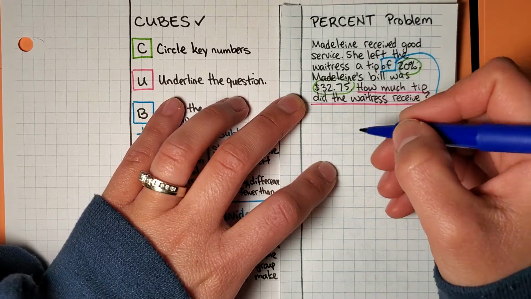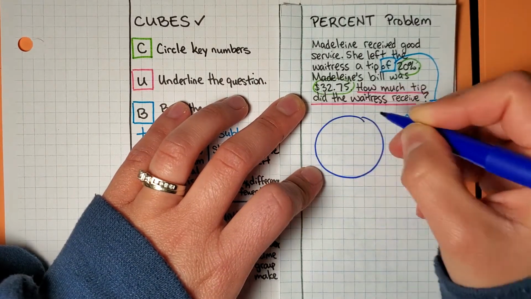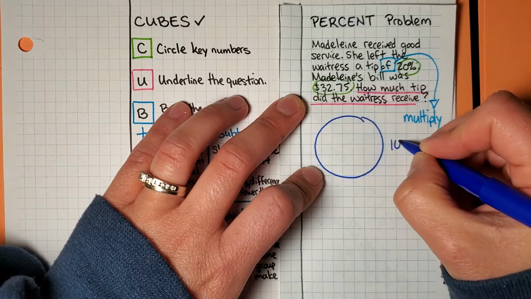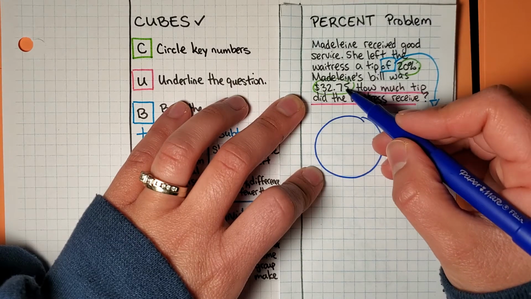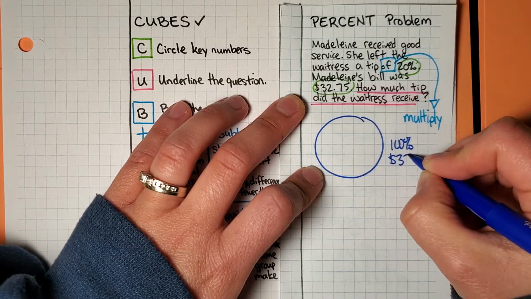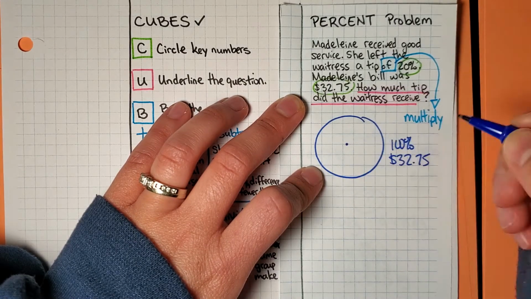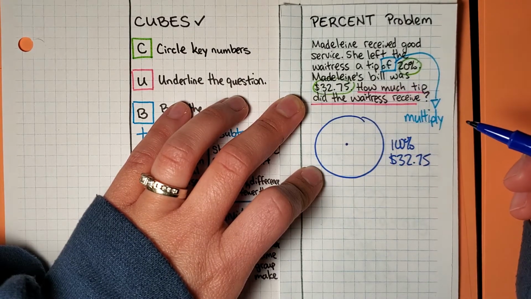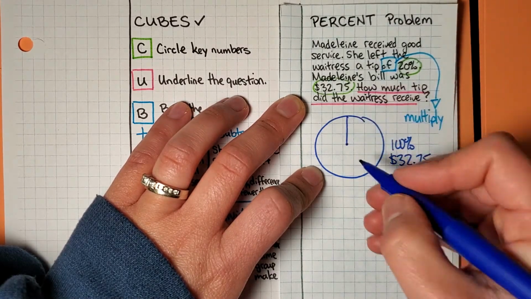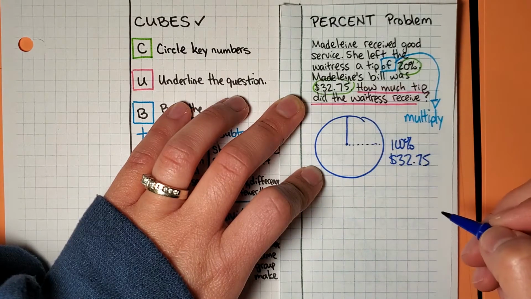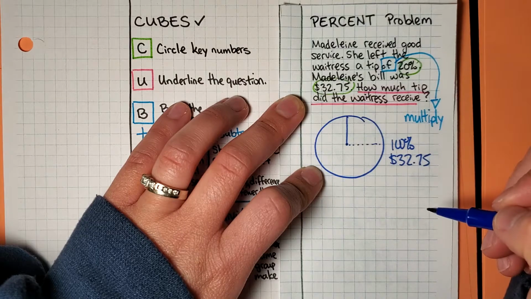Now I'm thinking back, we just finished circle graphs, and I know that a whole circle is 100%. And I know that this whole circle of 100% is 32.75. So these are things that I know. I'm also trying to find 20% of this circle. Well, 25% is a quarter, right? 25 plus 25 plus 25 plus 25 is 100%.